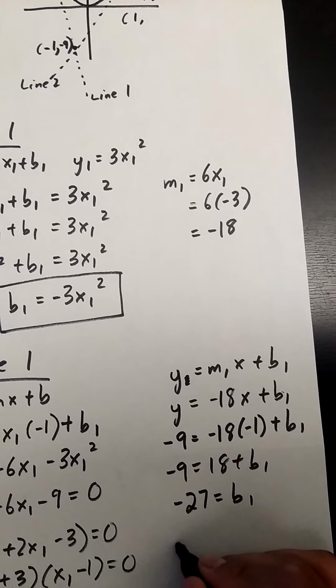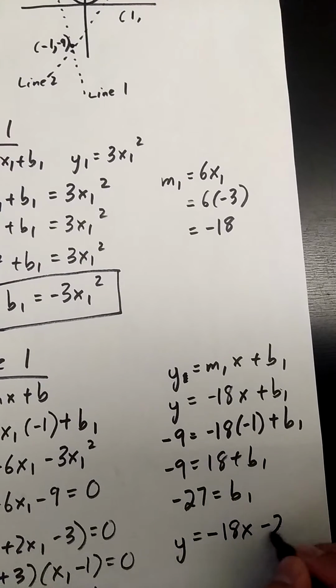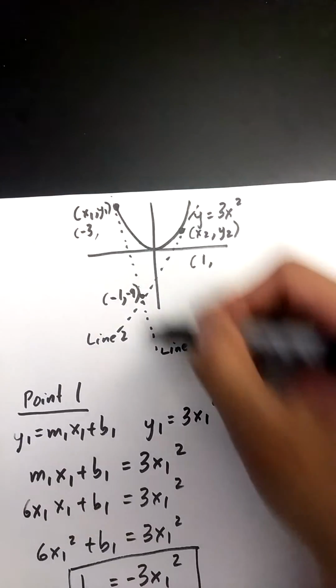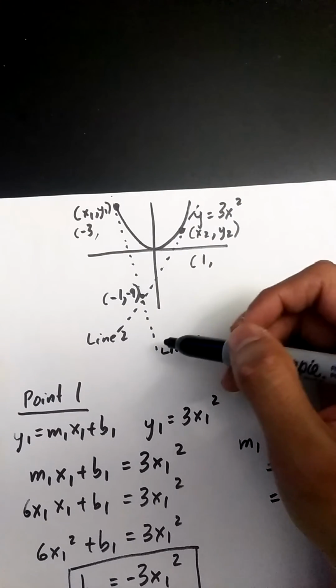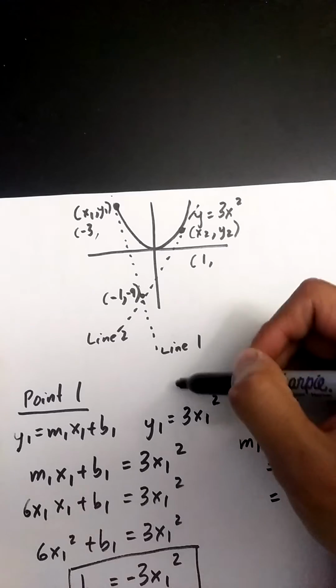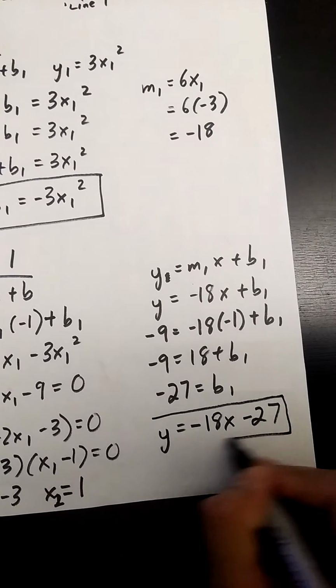I can rewrite my equation. So y equals m1, which is -18x, plus b1, which is -27. So I found the equation for line number 1 over there. Again, it looks like it's the right solution because as you see, the y-intercept is going to be pretty low in this function, so about -27 looks right. That's the equation of my first tangent line.